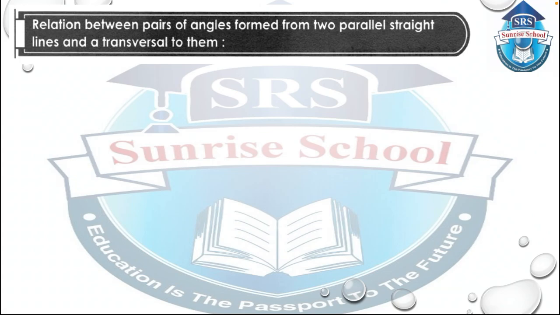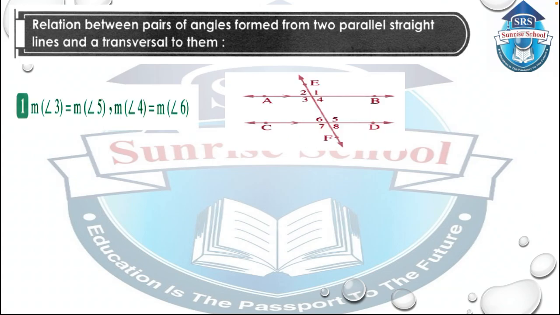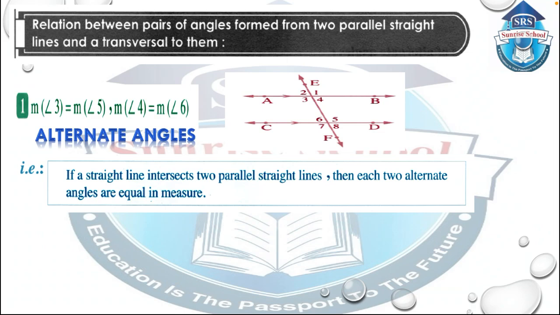Relation between pairs of angles formed from two parallel straight lines and a transversal. Here we have two parallel lines. It's not only straight, they are parallel, and another straight line cuts them as a transversal. Here you will find that the alternate angles will be equal, and the corresponding angles will be equal also.